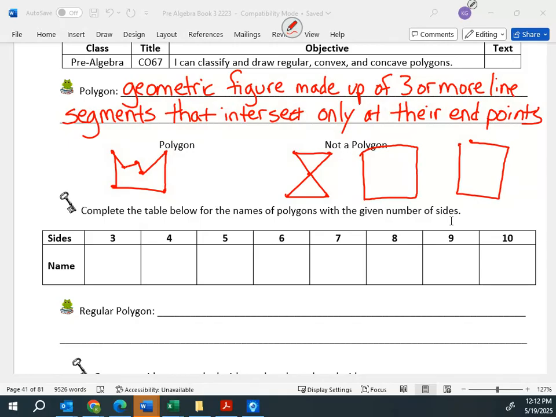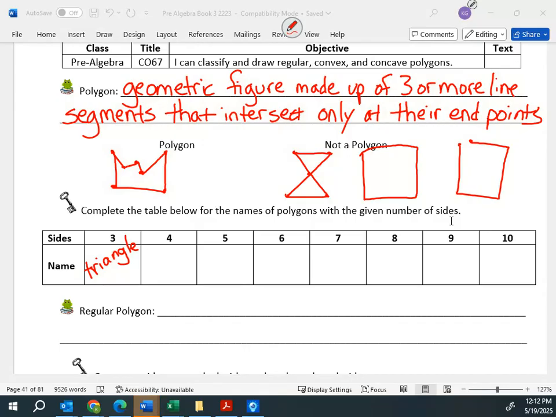So now we want to know names of our polygons based on how many sides they have. So if our polygon has 3 sides, what do we call it? Kamala? Triangle. If it has 4 sides, what do we call it? Ruby?